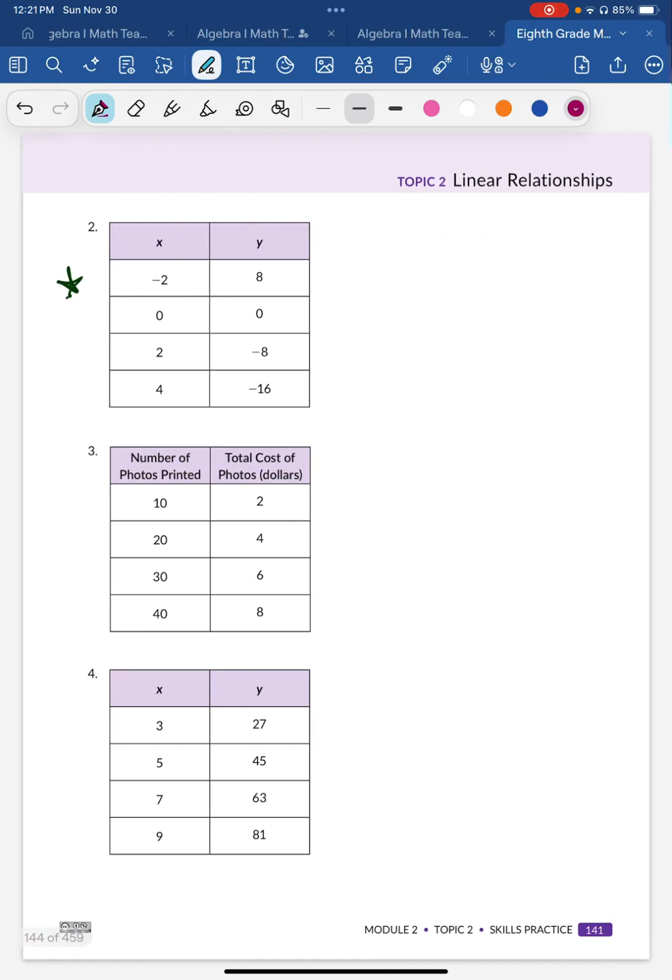Okay, let's do it again right here. Let's try it on Desmos and see what happens.